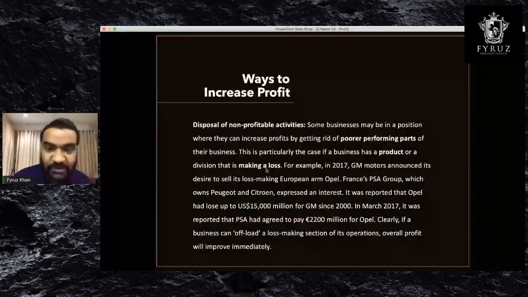So what you can do is sell it to another company, or you can simply stop, because when you're making a loss, there's a constant outflow of cash, and you don't want to do that. Okay, so when you stop loss-making businesses, you also save a lot of money, and in the future your profitability will increase.